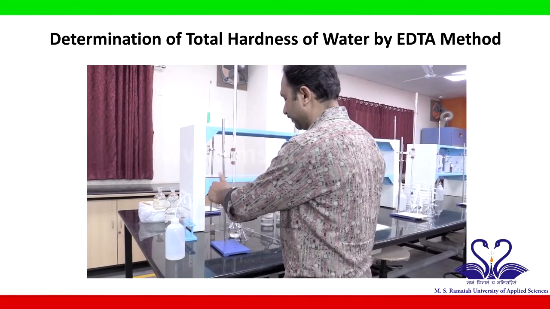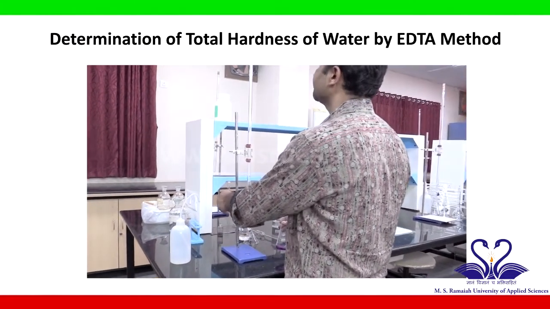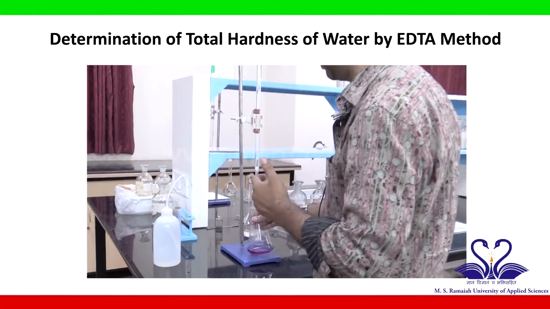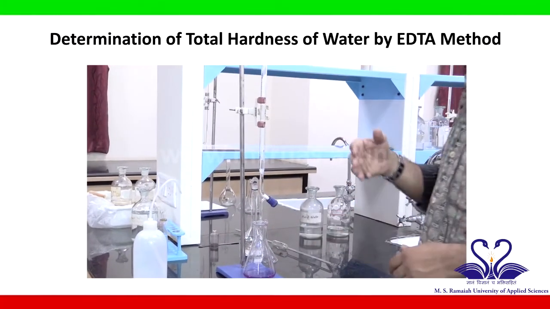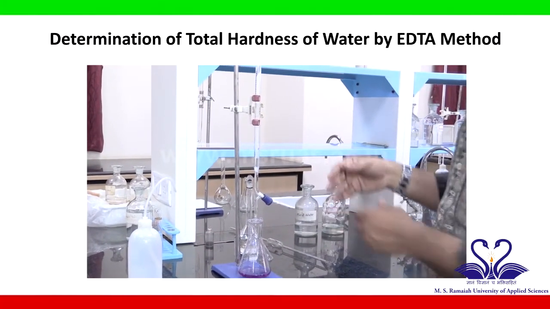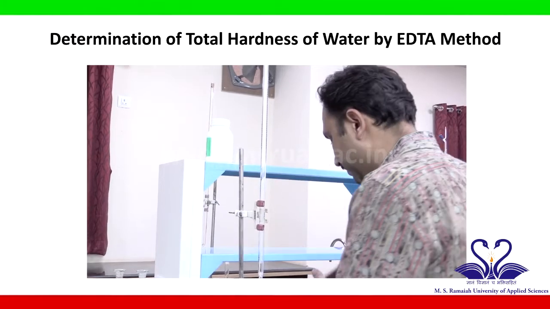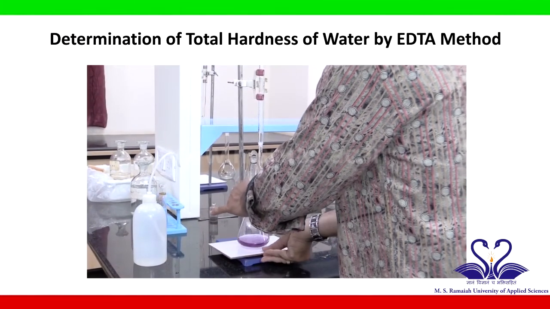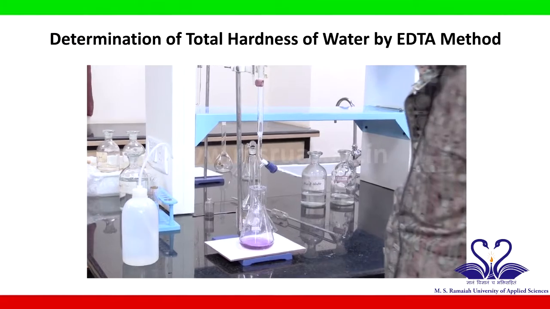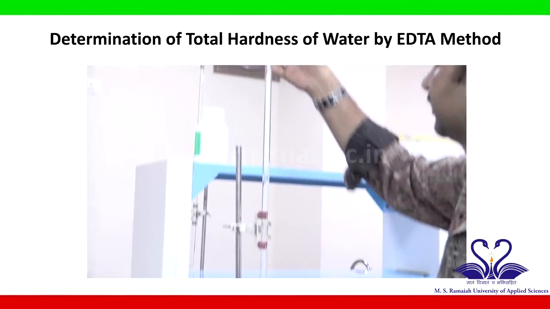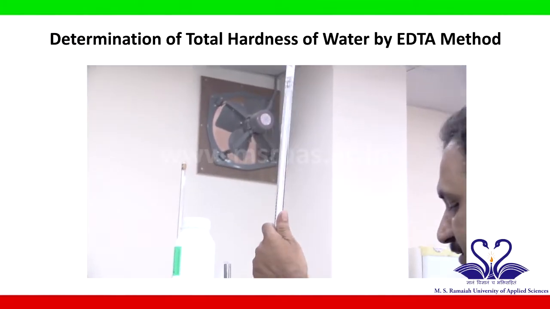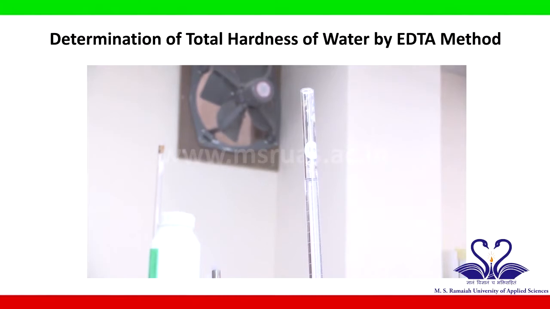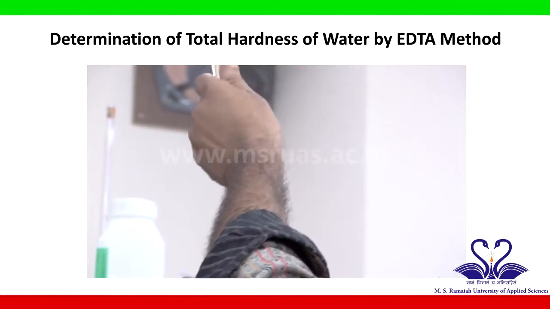So now you are going to titrate it against the standard EDTA solution. Before starting the titration, you have to see it is in the 0 mark. Yes, it is in the 0 mark. So now you can start the titration.